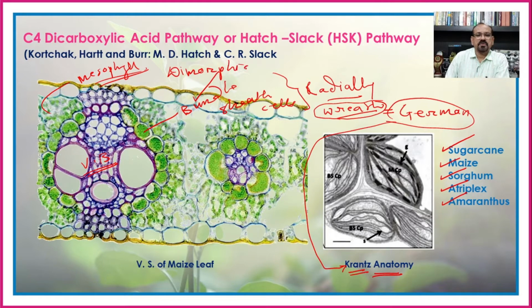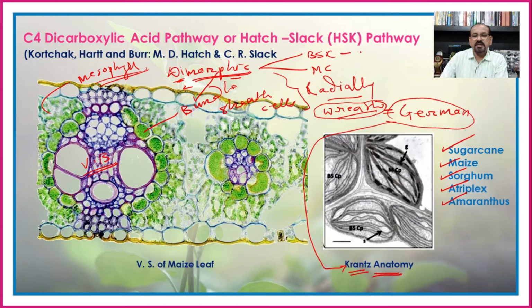So, if we see this dimorphic, it means that di means two and morphic means morphologically on the basis of its appearance or the external appearance. So, these two different type of the chloroplasts are present in these C4 plants. First one in bundle sheath cells and second one, that is mesophyll cells.